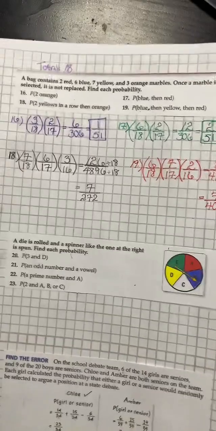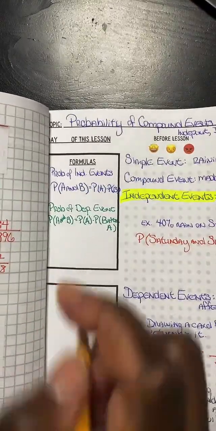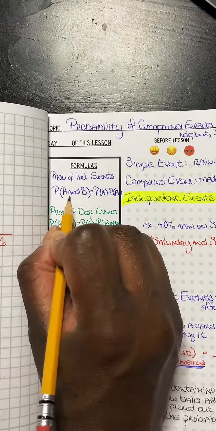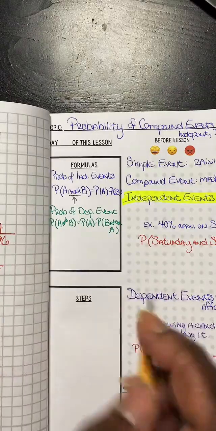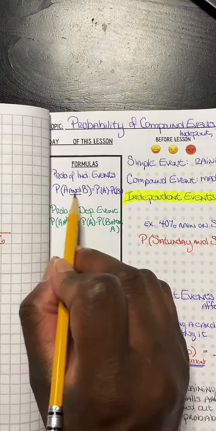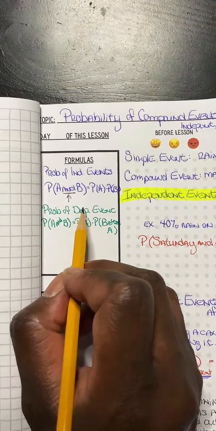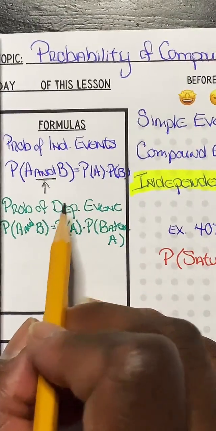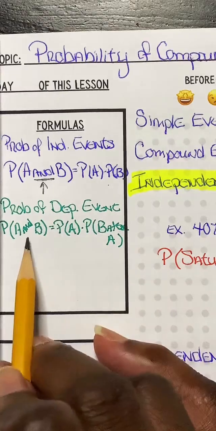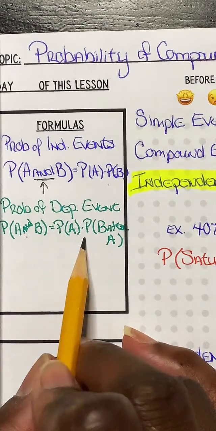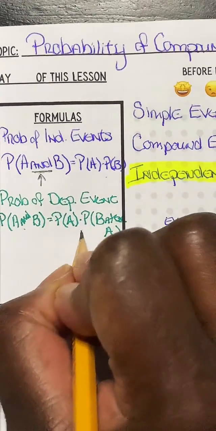That's what's different. Oh, here I go. Right here. When we want to separate our two events, we use the word and. If you see and, you're multiplying. See the word and, you are multiplying.